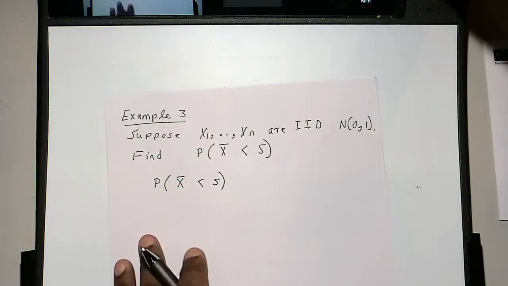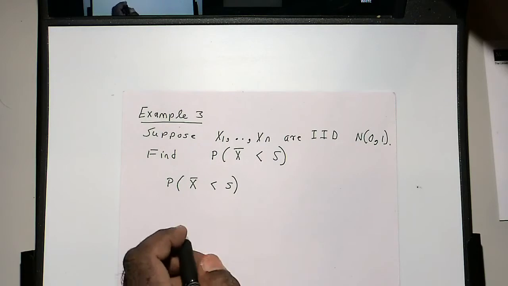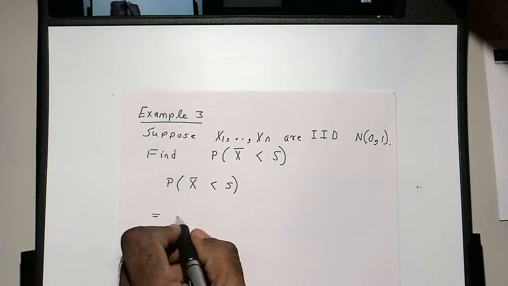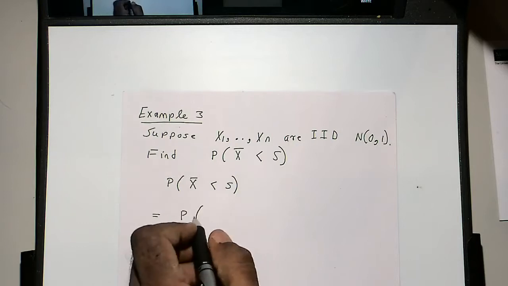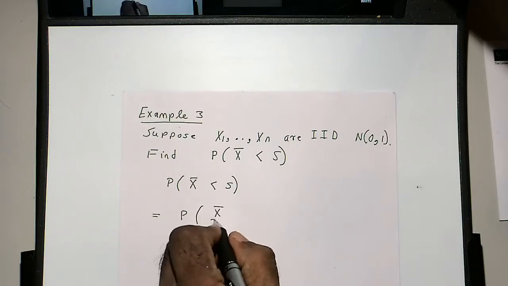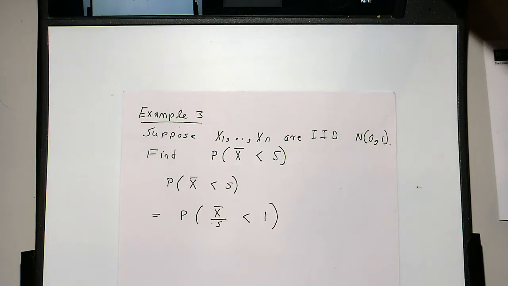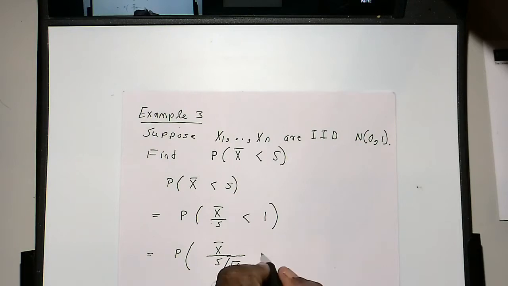in order to work this probability, first you can write it like the probability that x bar divided by s is less than 1. Okay? Then you write this as the probability that x bar divided by s divided by root of n, and you need to do the same thing on the right hand side.